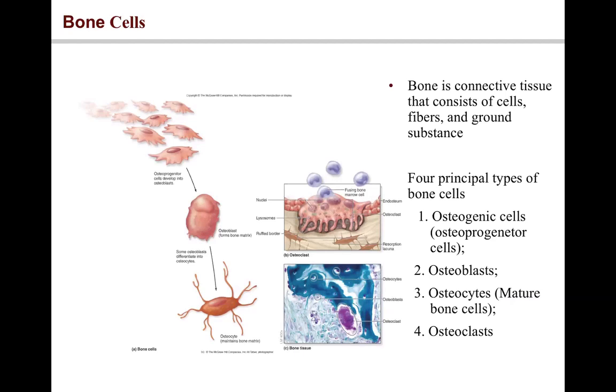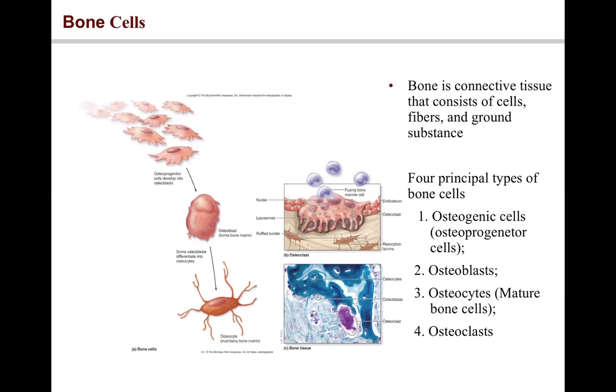If there is a fracture, osteoprogenitor cells come into the picture and osteoblast cells are made to form the repair mechanism. So the main bone, which consists of bone cells and the matrix, is made, or they start making it, by the osteoblast cells. Gradually, these osteoblast cells then form osteocyte cells.